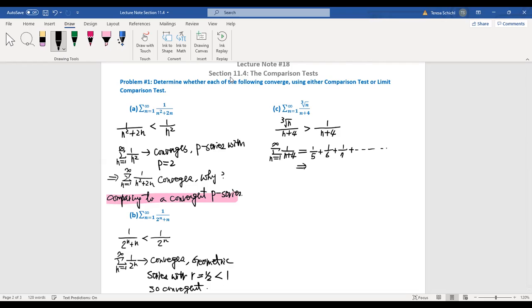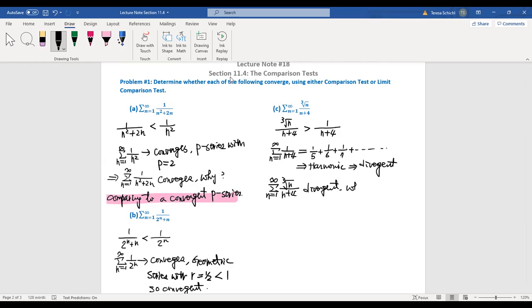So really this is a harmonic series with just the first 4 terms removed. The harmonic series is divergent, so if you chop off the first 4 terms, it doesn't matter, because it still diverges to infinity. So every term is greater, and now I can conclude that this series is divergent.